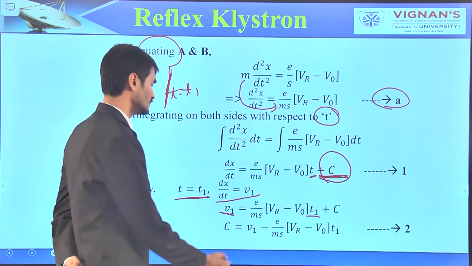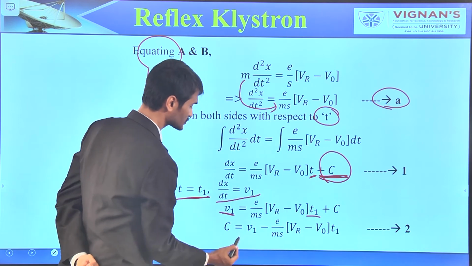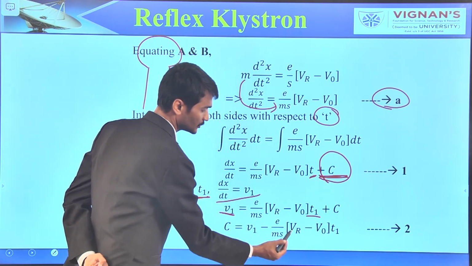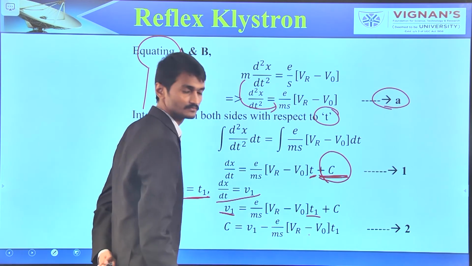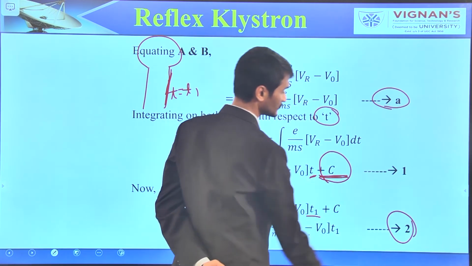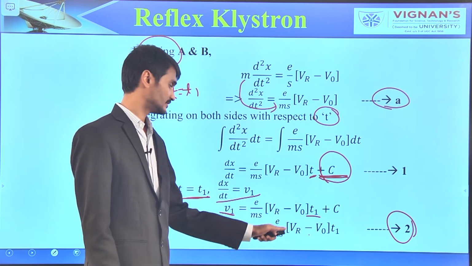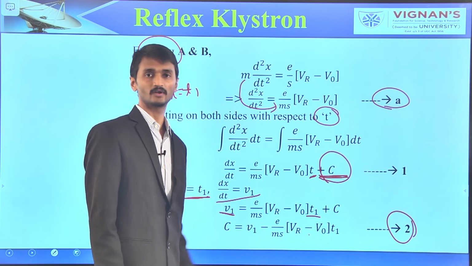So from this we can calculate C equals v1 minus E by m s into (Vr minus V naught) into t1, that is equation 2. So please remember, C equals v1 minus E by m s into (Vr minus V naught) into t1.